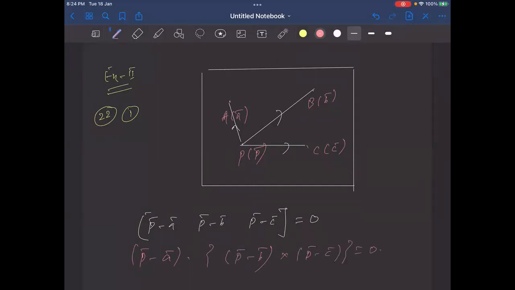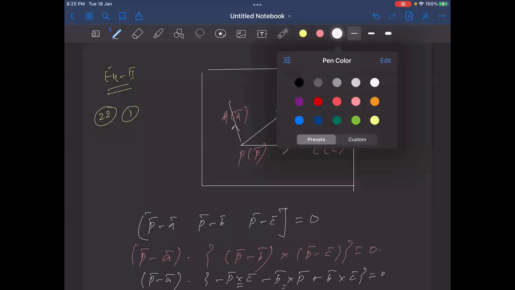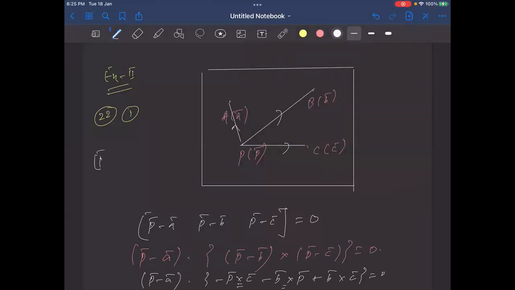What do we get from this? First part is P minus A. P cross P is gone. We get minus P cross C plus P cross C, is it? Now take dot with P. By taking dot with P, these two will be gone. Will be left out with what? STP of PBC.